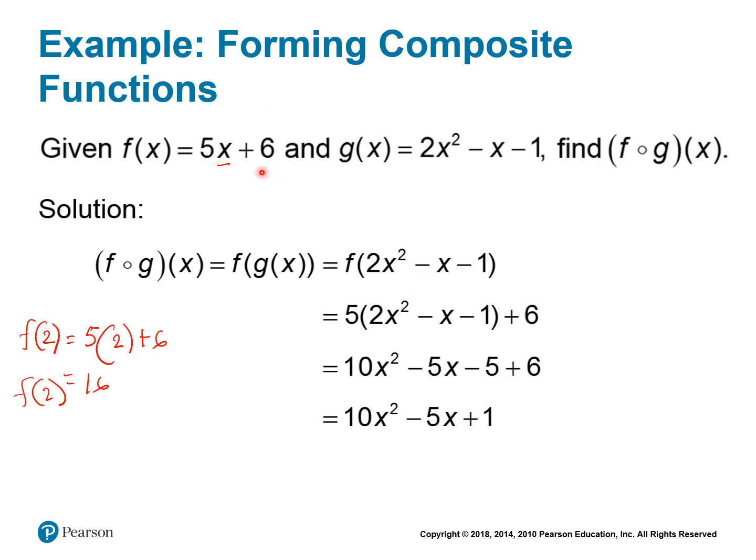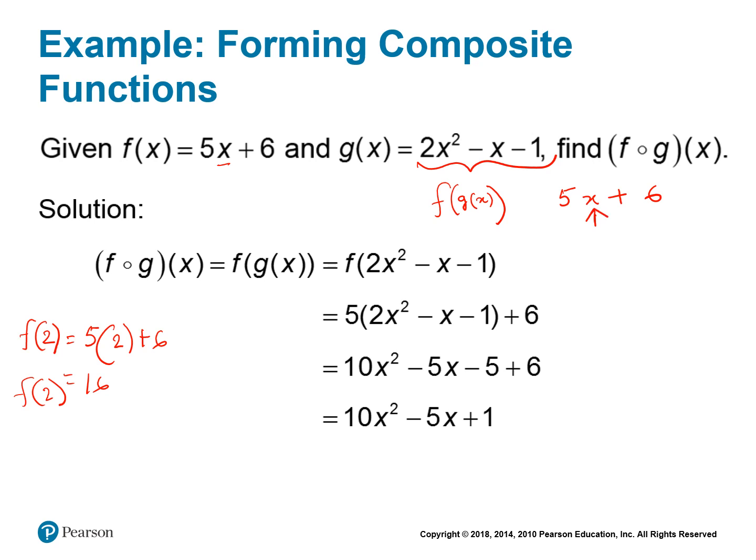All right, so our f of x was 5x plus 6. Now, I always like to work on the side. So when we do f of g of x, we have to substitute 2x squared minus x minus 1 into x.